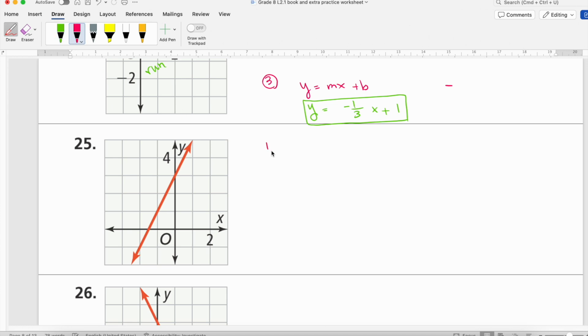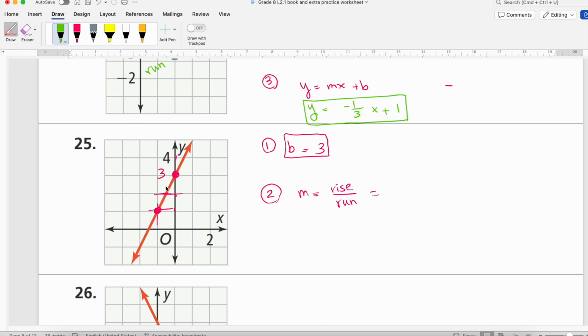Again, find b. Here is b. It equals 3. Again, if you don't know why it's 3, just count: 1, 2, 3. This is 3. Step number 2, find m using rise over run. So I have to select another point. This is my first point. I need another one. This one I cannot select because it's on a straight line. This one is on a cross, so I can select it.